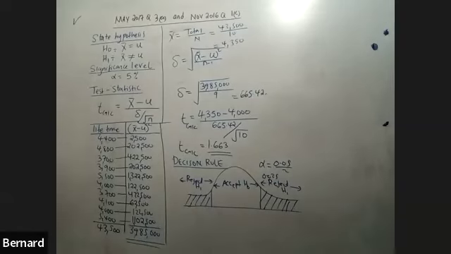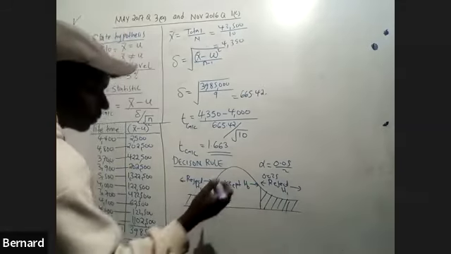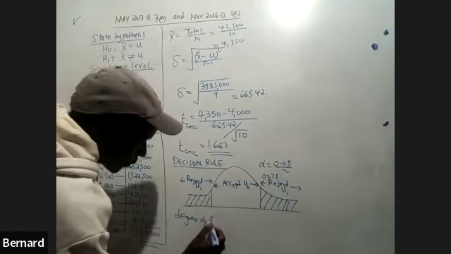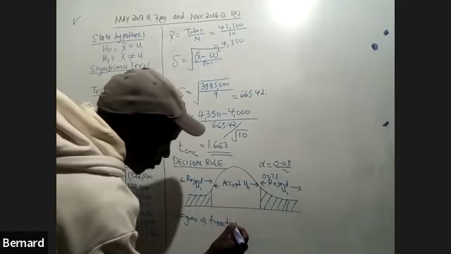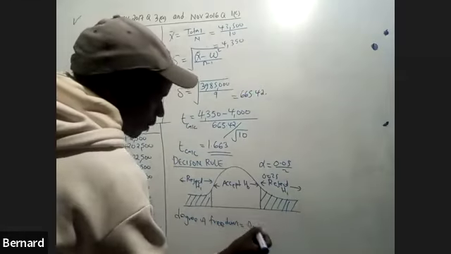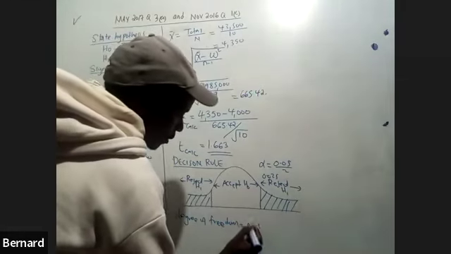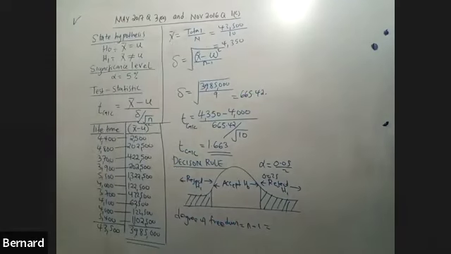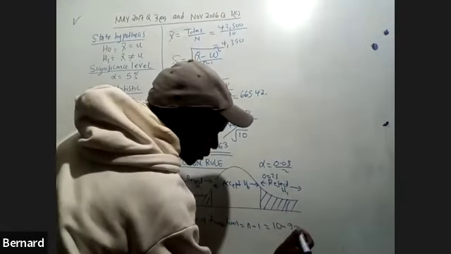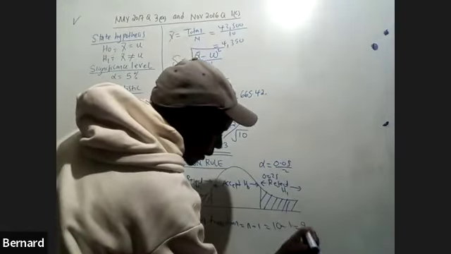Now, so it is T. So we need degree of freedom. So degree of freedom will be equal to n minus 1, which is 10 minus 1, which is 9.